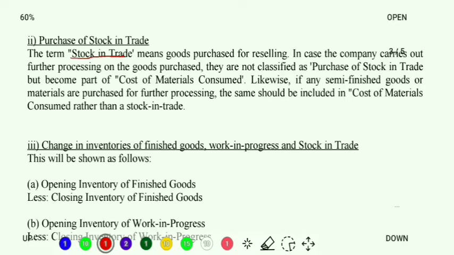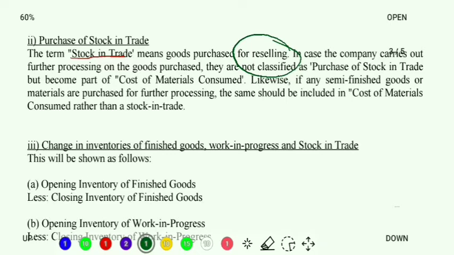Under that inventories we had stock in trade, loose tools, spare parts. So what is stock in trade? It refers to the goods that are purchased specially for reselling. It means I purchase from another business, keep it in my godown and resell it.